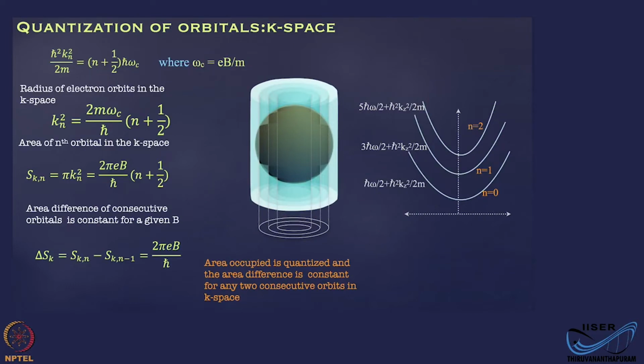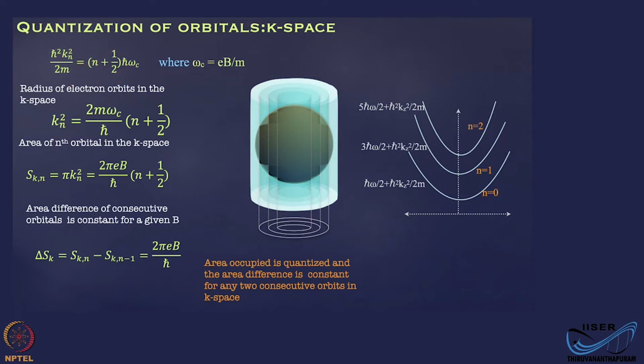And this is h bar square k squared by 2m. I have now added a subscript n to represent that k state representing the nth level, where n is this quantum number. This energy, h bar square kn square by 2m, is given by the energy of the harmonic oscillator for the specific level.